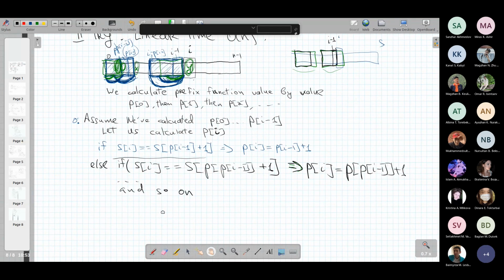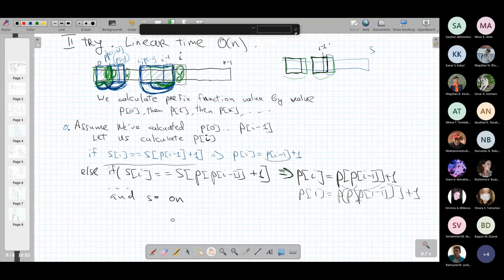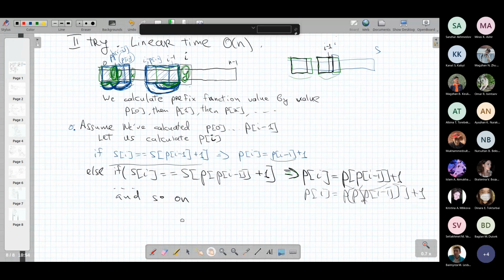So that's the entire algorithm. Instead of just taking the previous value, we just go deeper and deeper. So the next step will be P of I is equal to P of I minus 1 plus 1, and so on.